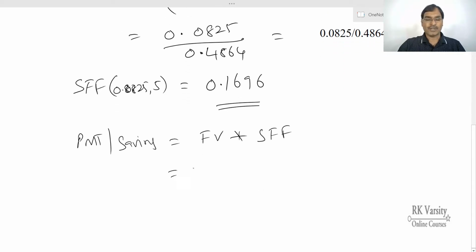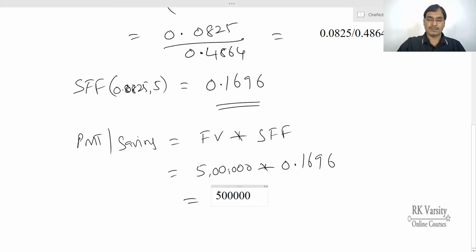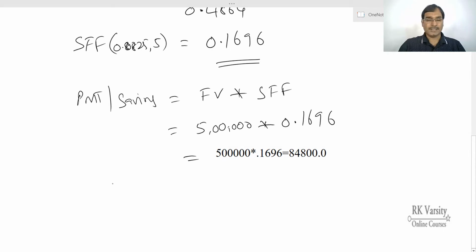Your future value required is 5 lakhs and your sinking fund factor is 0.1696. So this gives you 5 lakhs times 0.1696, which is 84,800. That is your payment or saving per year: 84,800 rupees, so that at the end of the 5th year you will have 5 lakhs with you.